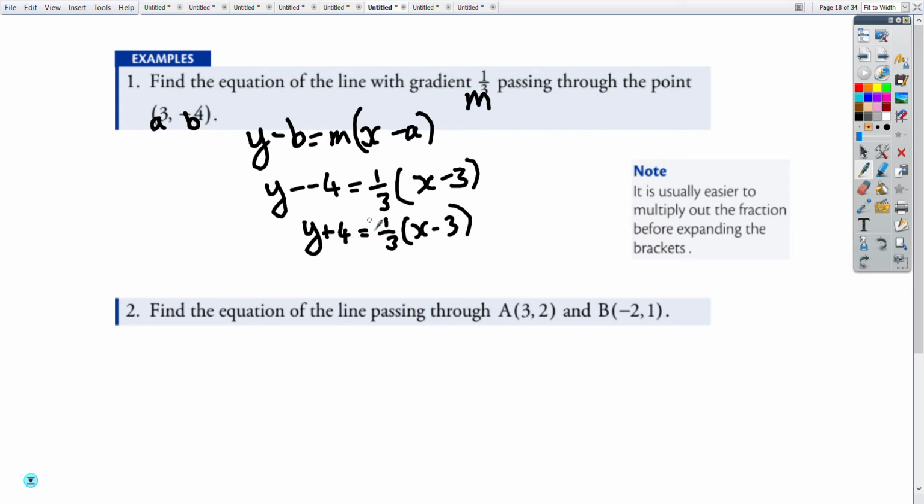What that would do is it would get rid of this third here, that would cancel, and it would multiply these individual two terms by 3. So what that would look like is 3y plus 12 equals x minus 3.